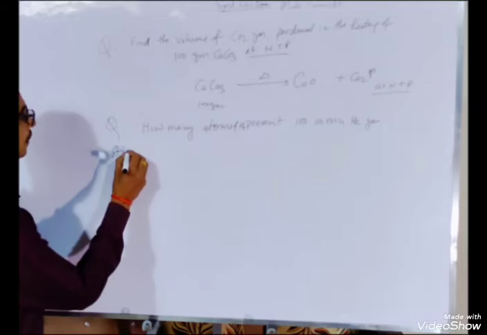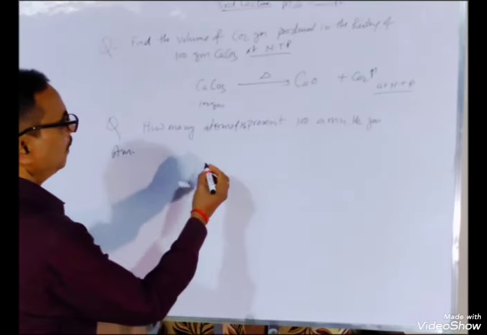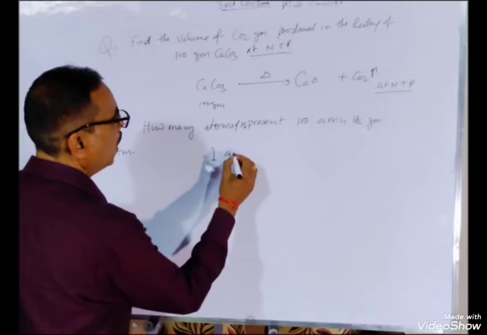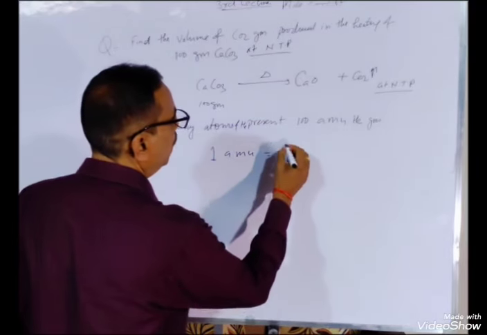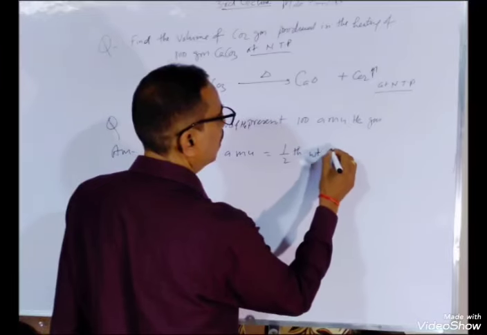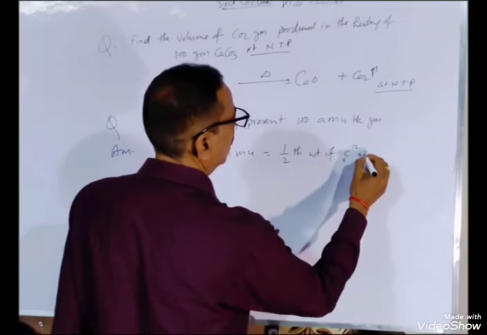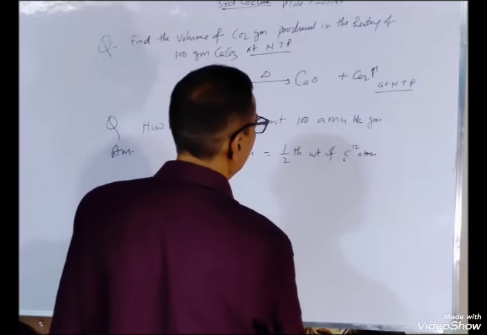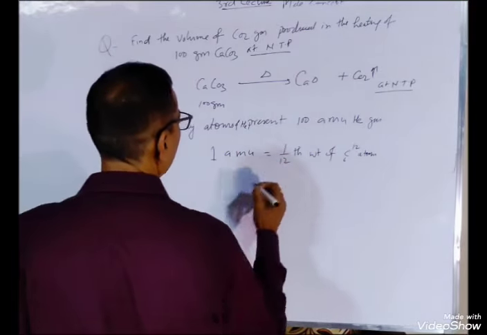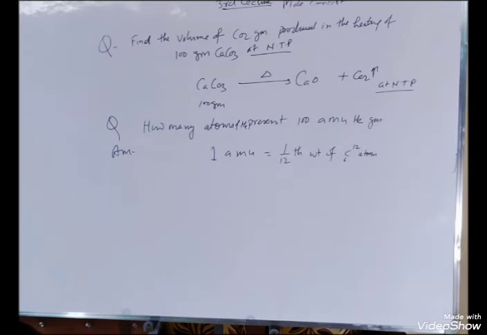Let us see. It is very easy. Previously I told you 1 AMU equals 1/12 the weight of a carbon atom.